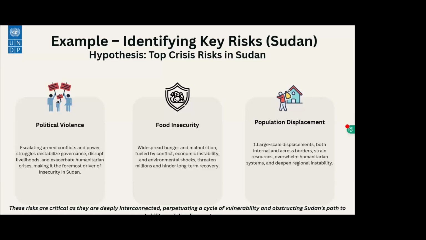For population displacement, we usually look at UNHCR, IOM, DTM, the Displacement Tracking Matrix. So identifying these risks sets the stage for the data mapping. And on the next slide, we talk about exactly how we match each identified risk factor to the appropriate data sources.